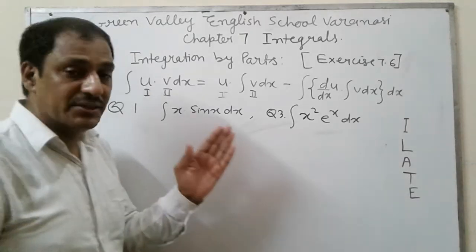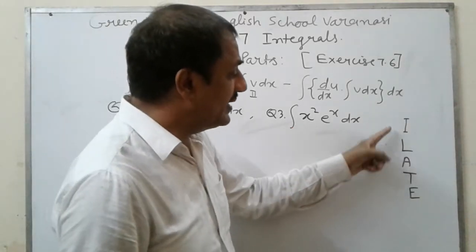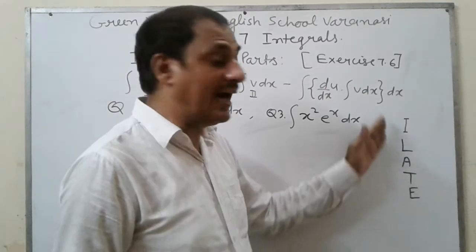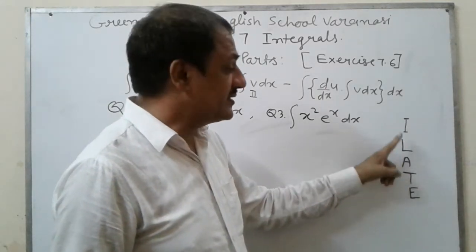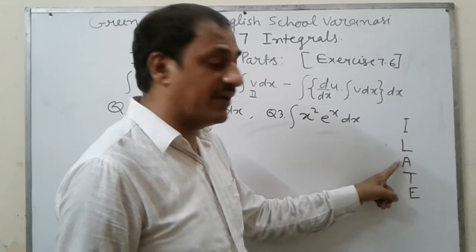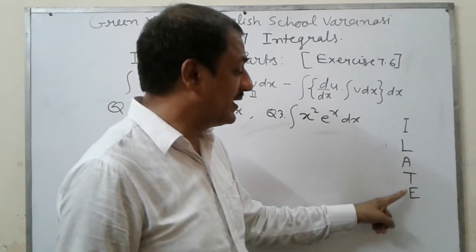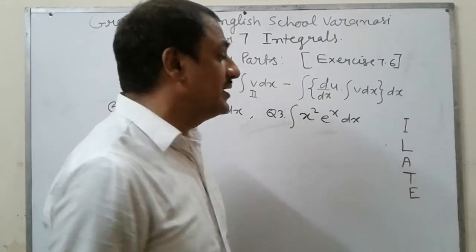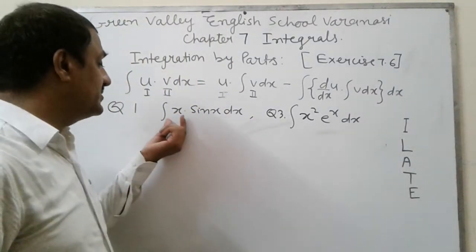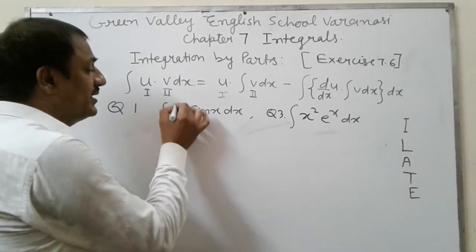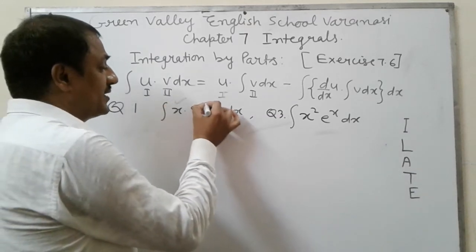According to this rule, ILATE, where I is for inverse trigonometric function, L for logarithm, A for algebraic, T for trigonometric, and E for exponential. In question number 1, there are two functions: one is an algebraic function and another is a trigonometric function.